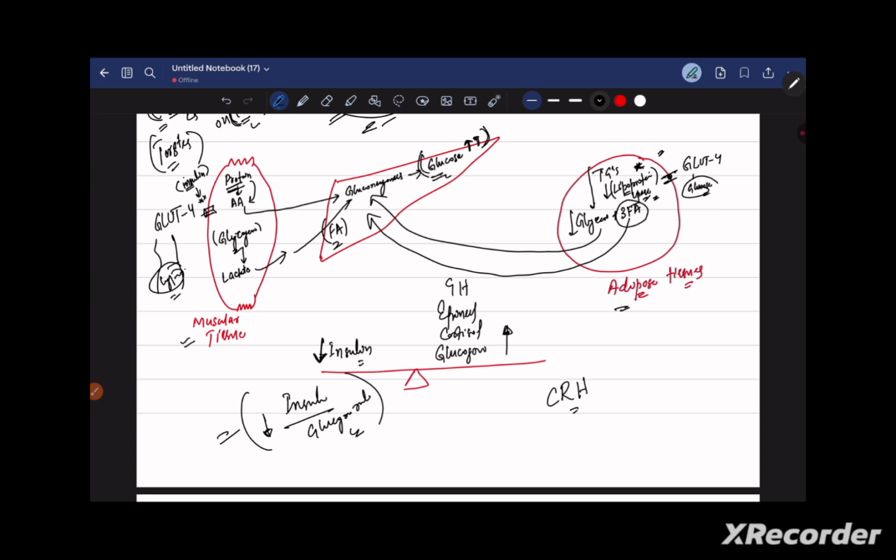When it becomes hyperactive, it leads to severe rapid lipolysis and the production of fatty acids, and these fatty acids go to the liver and through gluconeogenesis lead to the production of glucose. But since there is rapid production of fatty acids, the liver is overwhelmed and cannot use the extra fatty acids.